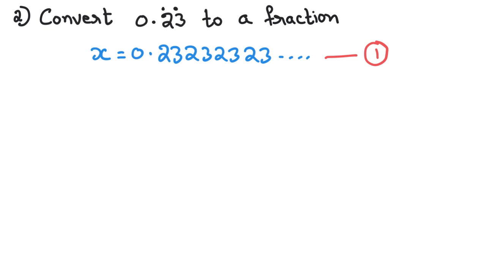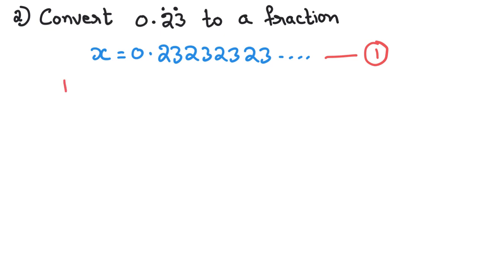Okay, what's the second step? Because two digits are repeating themselves, what do we do? We will multiply both sides of the equation by 100. Good. When we multiply both sides of the equation by 100, what do we get?